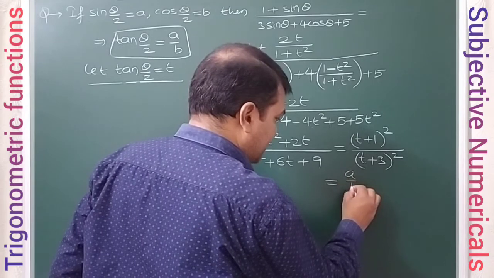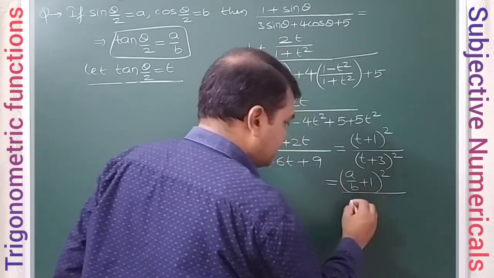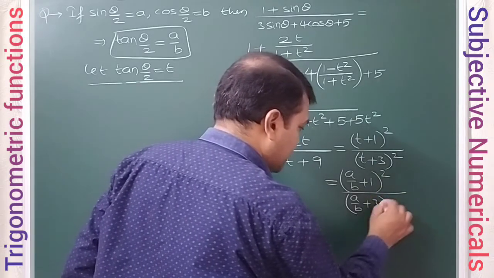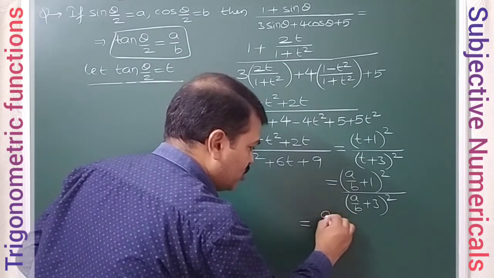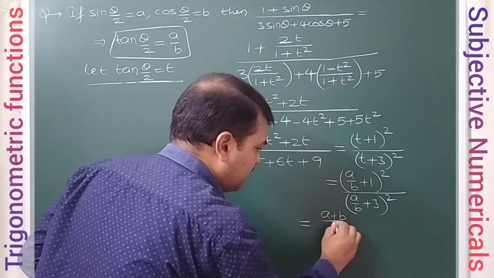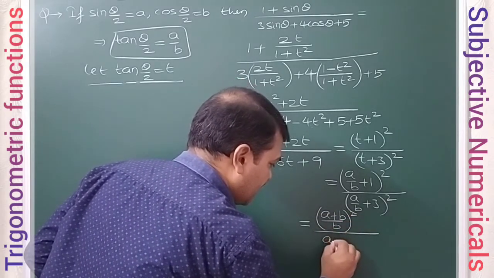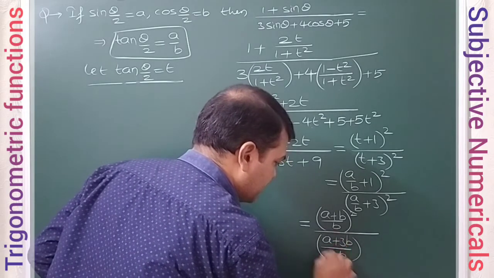So a by b plus 1 whole square by a by b plus 3 whole square. So when you simplify, this is going to be a plus b by b whole square by a plus 3b by b whole square.